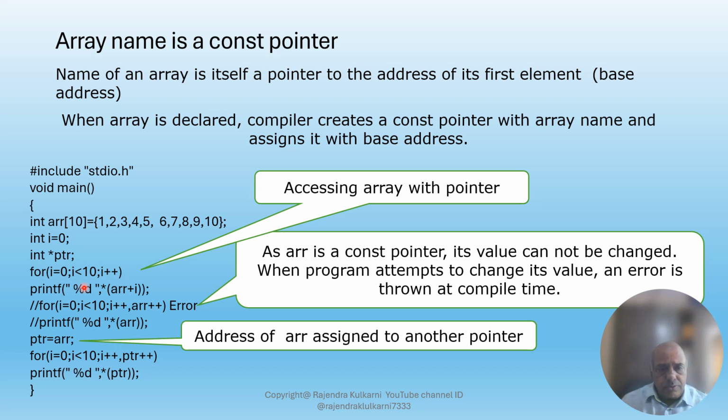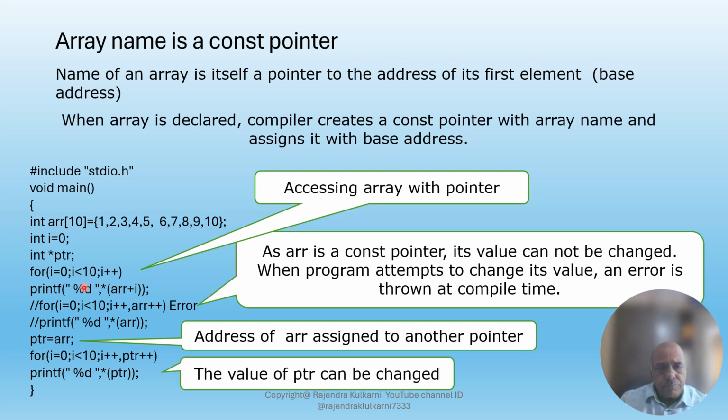Here ptr equal to arr, we are assigning the address of the 0th element of the array to a pointer ptr, and through that pointer we can access the values of all the elements of the array. Because ptr is not a const pointer, arr is holding a value which is the address of the 0th element, and that address is assigned to ptr.